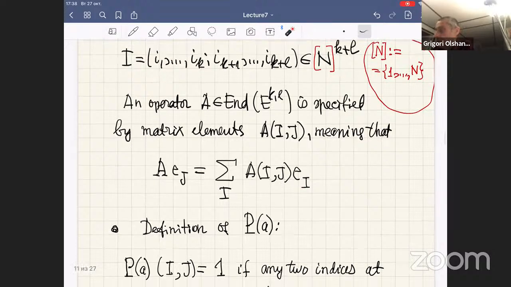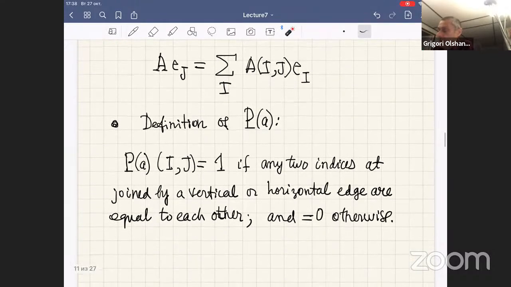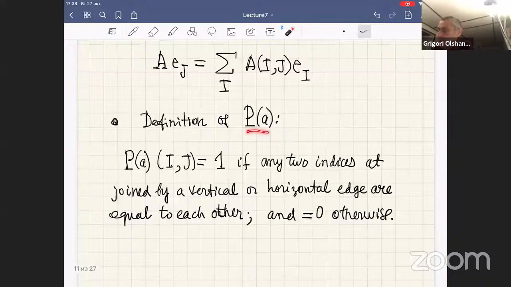Okay. So to specify the operator corresponding to a semigroup element A, we impose the following condition. The matrix element on the intersection of the row number capital I and column number capital J is equal either to 1 or to 0.